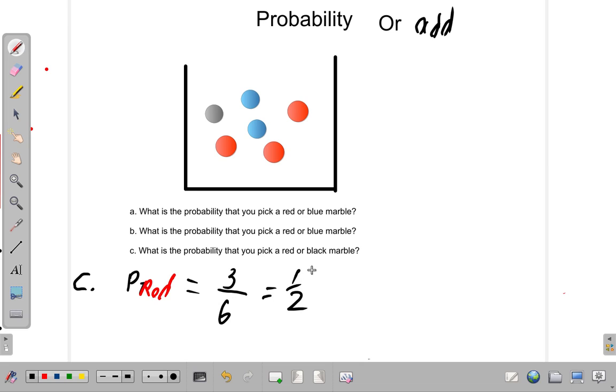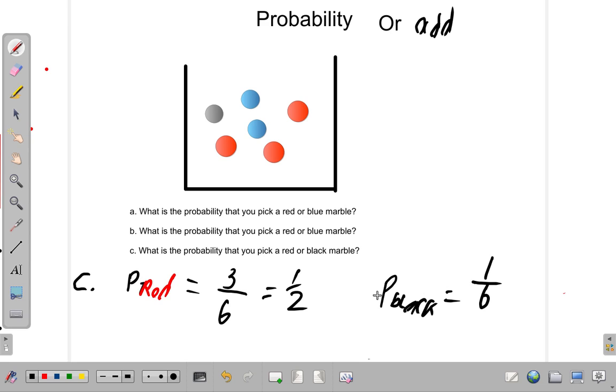That's the probability of you picking a red. Now what is the probability that you pick a black? Remember, it's either red or black. The probability that you pick a black, how many black marbles are there? 1 divided by total of 6, it's 1/6.